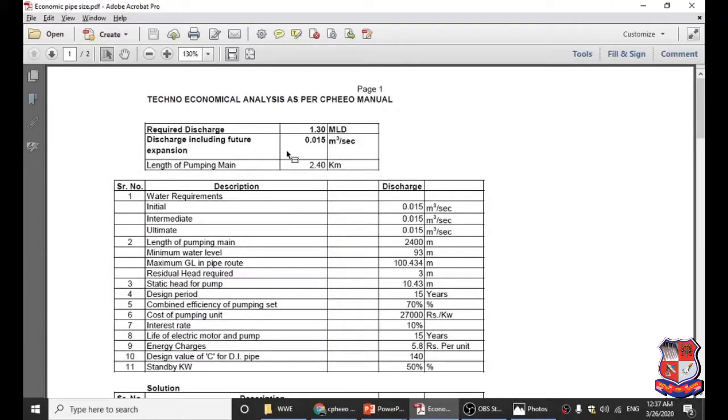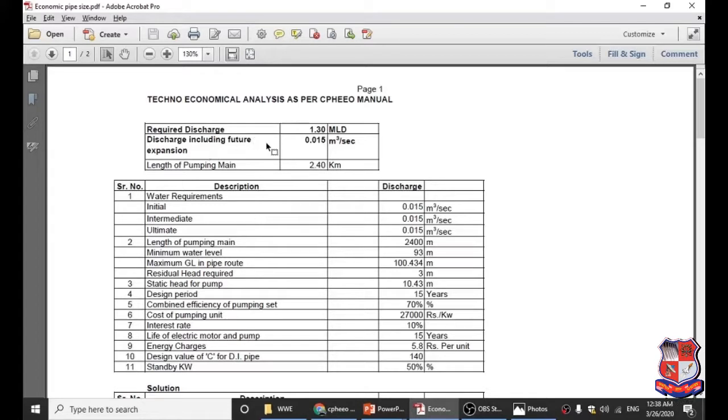The basic philosophy behind this techno-economical analysis is, if we increase the diameter, then frictional losses will be less and pumping cost will be less, but the pipe cost will be more. And if we decrease the diameter, pipe cost will be less, but frictional losses will be more, so the pumping cost will be higher. So we have to find one point between these two parameters at which the overall capitalized cost is minimum.